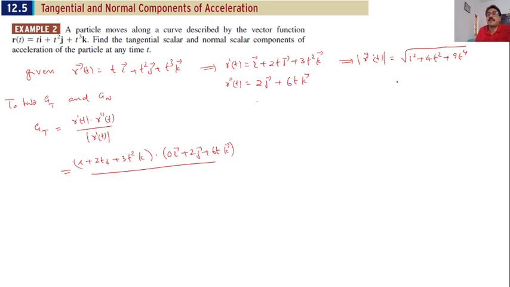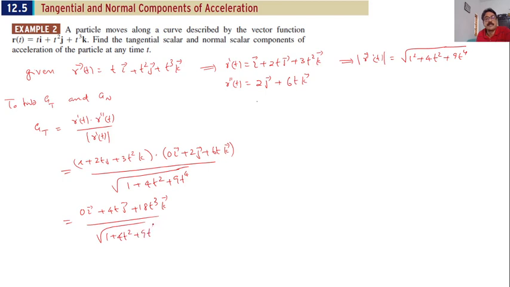divided by modulus of r dash t, that is square root of 1 plus 4t square plus 9t raised to 4. Calculating this, taking the dot product, we get 1 into 0, 0 i, 2t into 2, 4t j, then 3t square into 6t, 18t cube k, divided by square root of 1 plus 4t square plus 9t raised to 4.